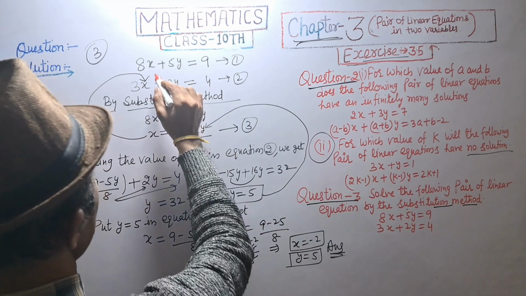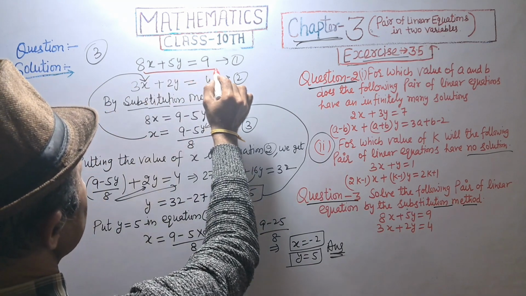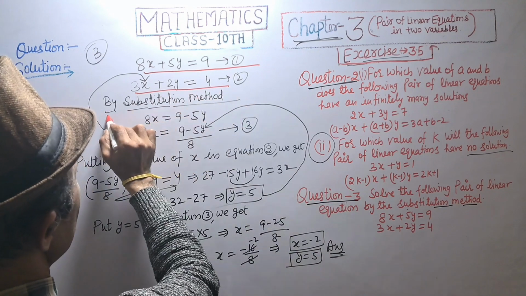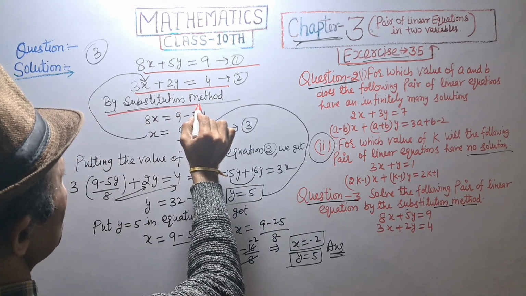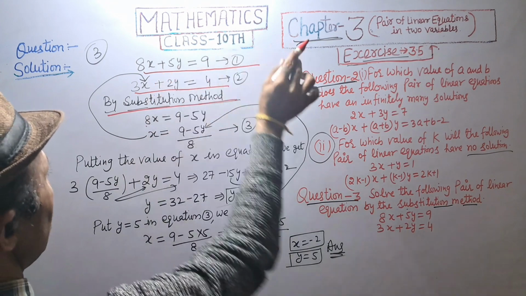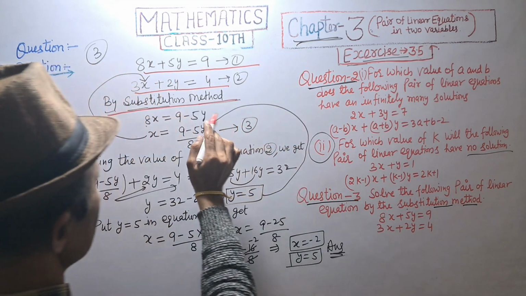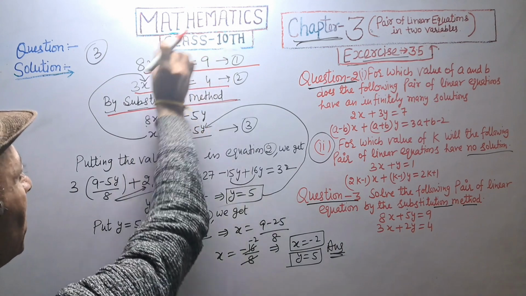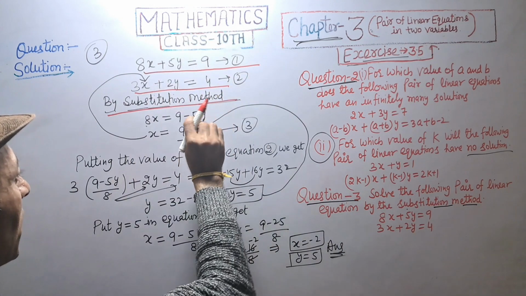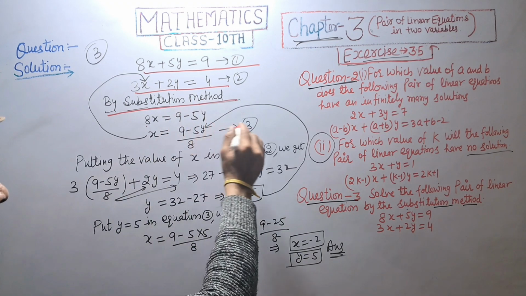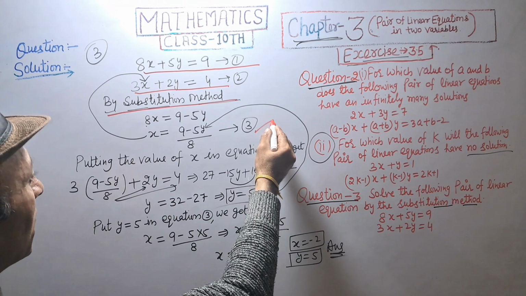Answer. Given equations 8x plus 5y equal to 9, 3x plus 2y equal to 4. Substitution method. 8x, shifting 5y to the right side, that will be minus 5y. 8x equal to 9 minus 5y, and x equal to 9 minus 5y upon 8, equation number third.